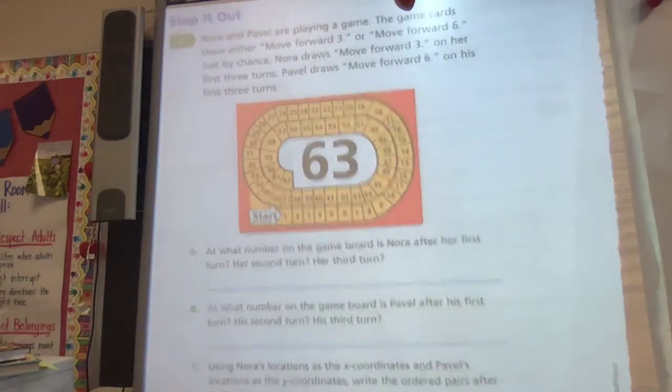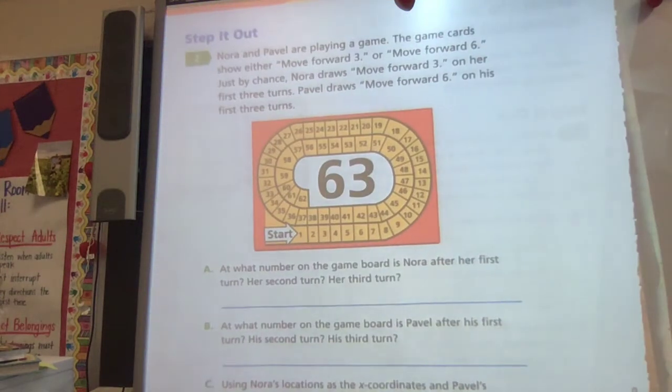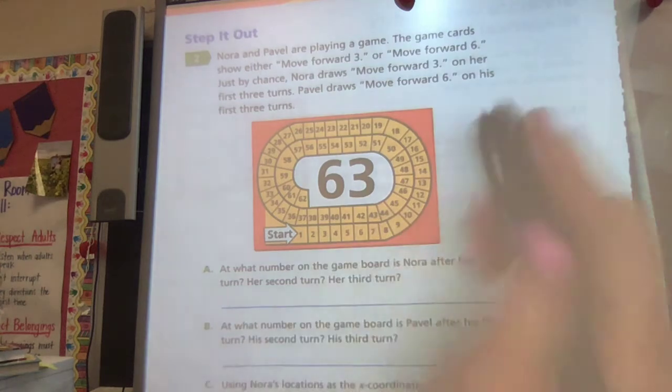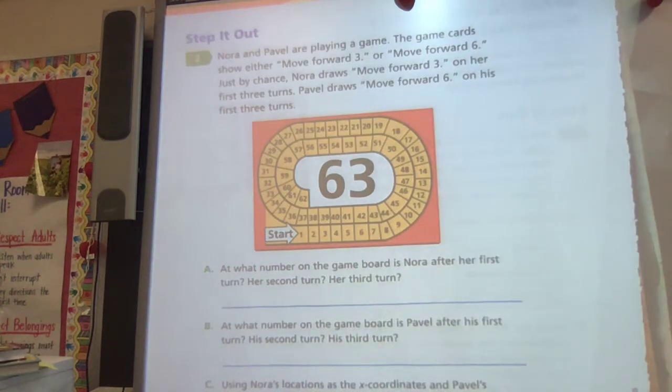On the back, it says Nora and Pavel are playing a game. The game cards show either move forward 3 or move forward 6. Now, just by chance, Nora draws move forward 3 on her first 3 turns. Pavel draws move forward 6 on his first 3 turns.